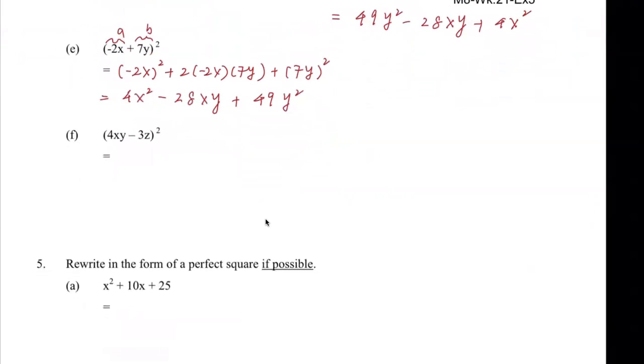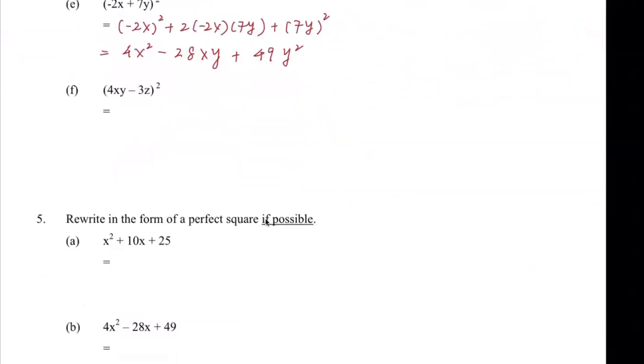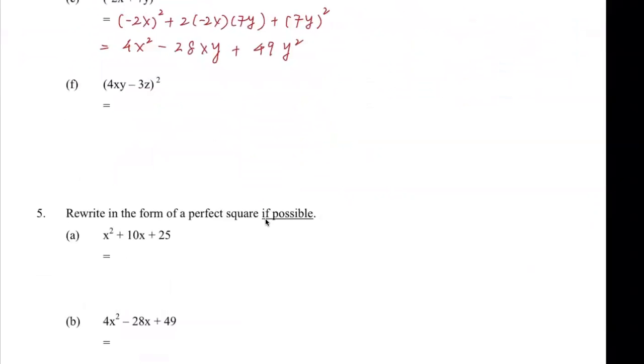Question F, (4xy − 3z)². So here we see 4xy as A and 3z as B. It's equal to (4xy)² − 2 times 4xy times 3z + (3z)².